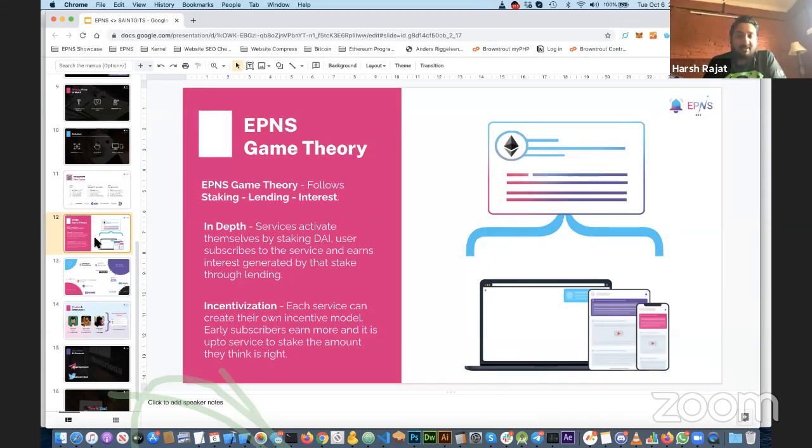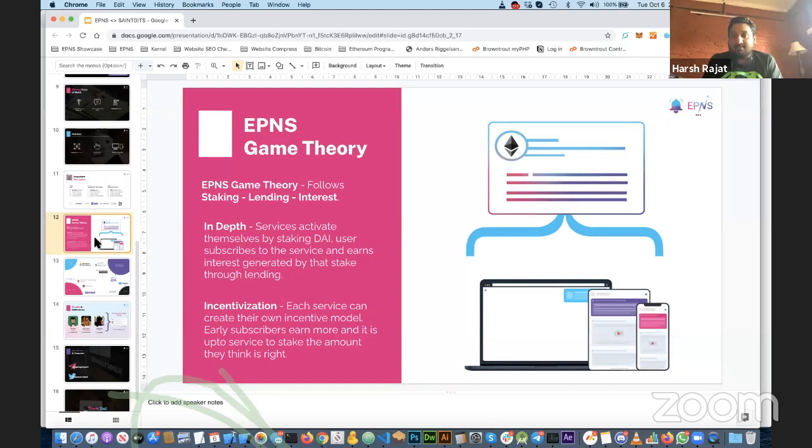But we went a bit further, and we said let's introduce one more incentivization for the user, because this is a user-centric protocol, and that is where the staking lending interest of DeFi comes in handy.